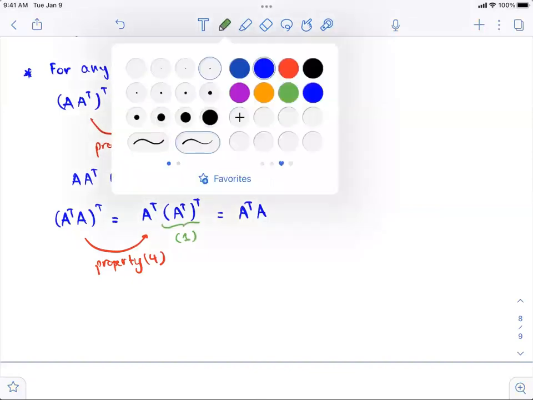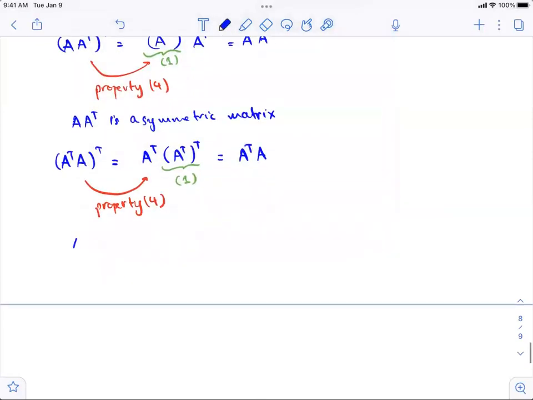So this calculation also shows that A transpose times A is a symmetric matrix.